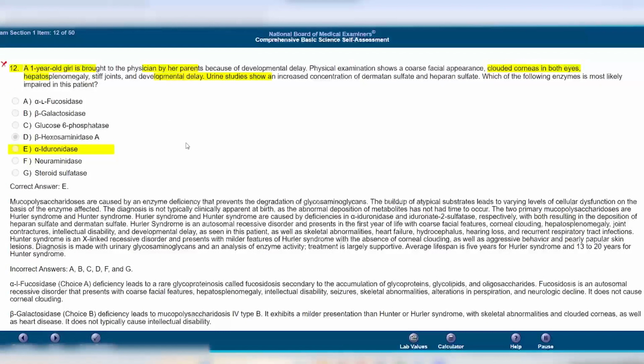But when I took Step 1, I remembered that diagram chart in First Aid forwards and backwards. What deficiency of what enzyme is for what disease, and you're also gonna want to know the symptoms of each disease, because some of them will have heart issues, some would have muscular issues, some would have a cherry red macula. Stuff like that.